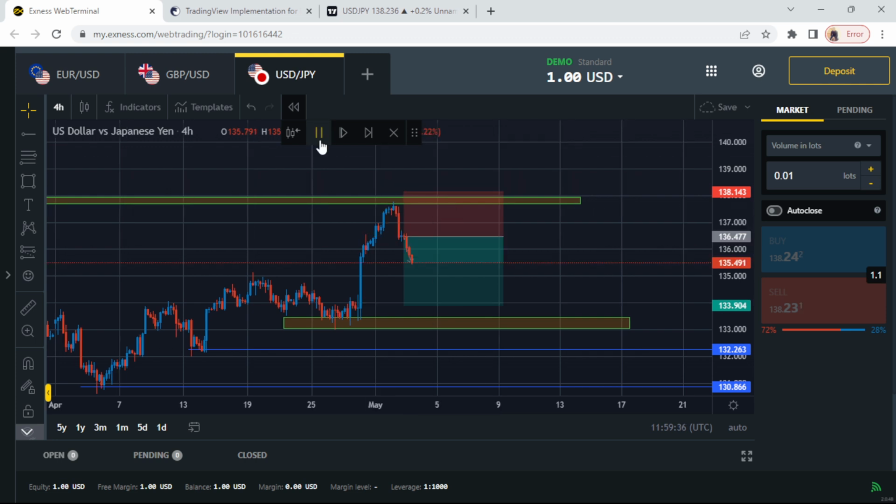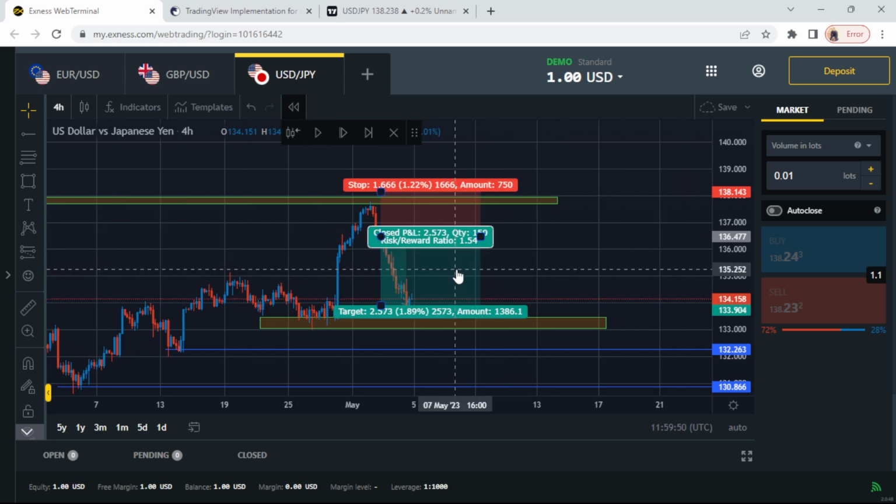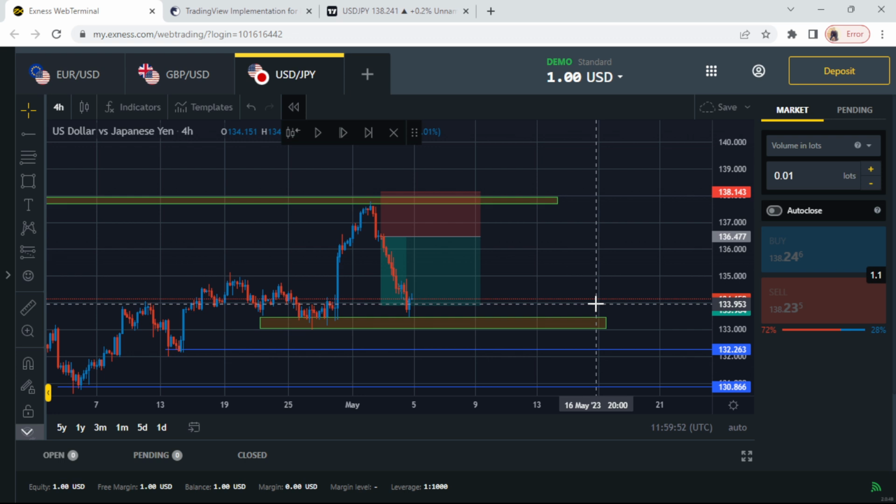The price goes down, the price goes down, the price hit your take profit. Why are we putting our take profit at this level, not at this zone? Because the price can bounce off before getting to this level. That's why we put our take profit just above the zone.